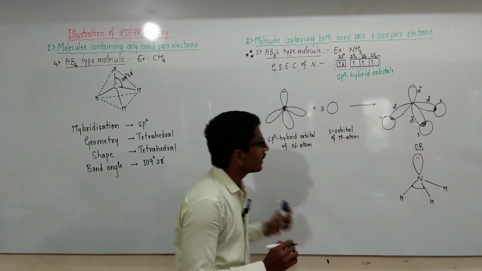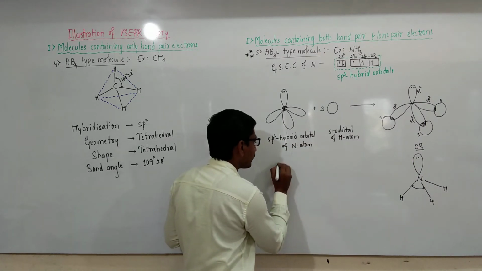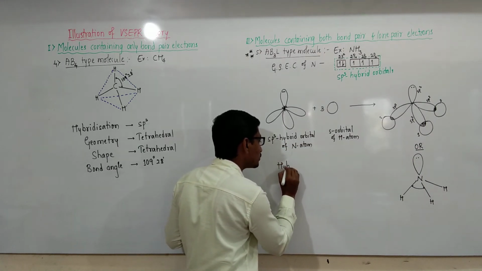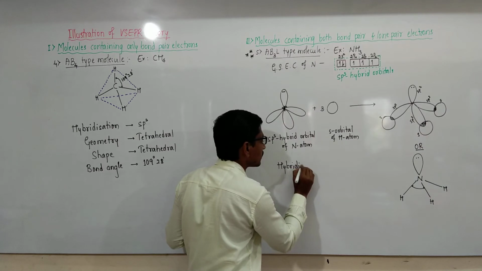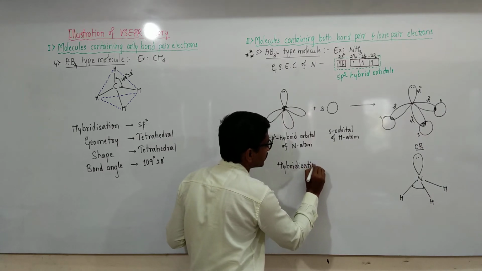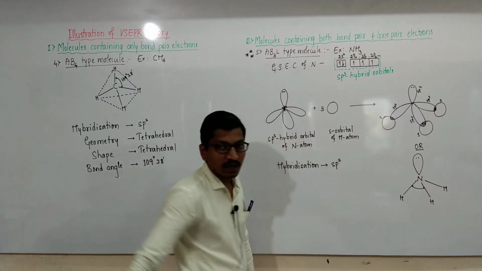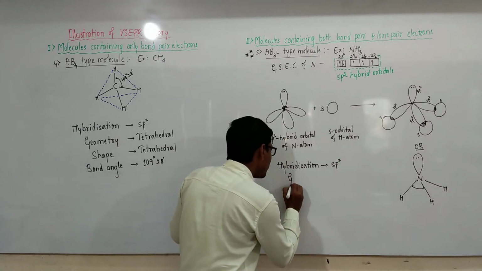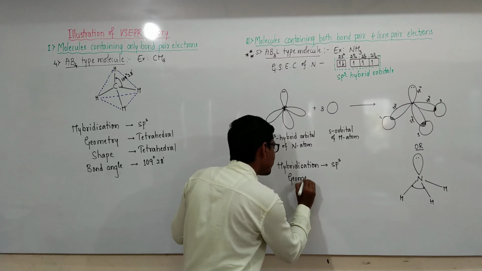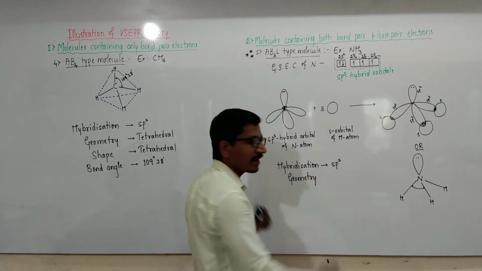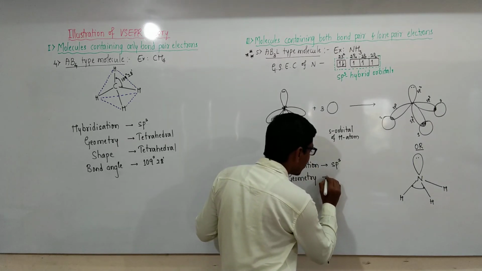And in this molecule, hybridization of nitrogen is sp3. Geometry of the molecule is sp3 hybrid state of central atom having geometry tetrahedral.